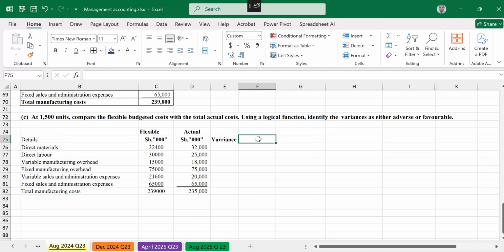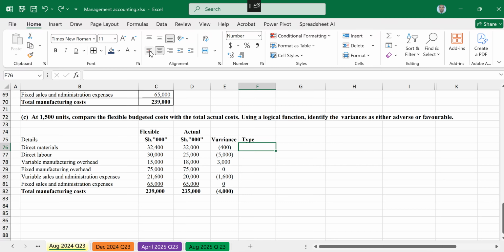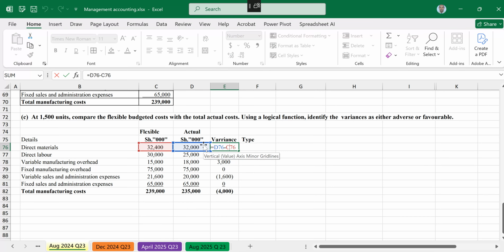Type of variance. So what is the difference between actual and what we have on the other side? Remember, variance is the difference between actual and the flexible amount.